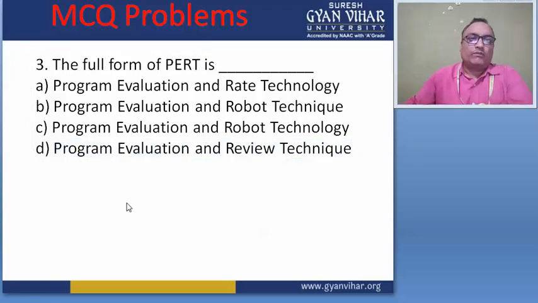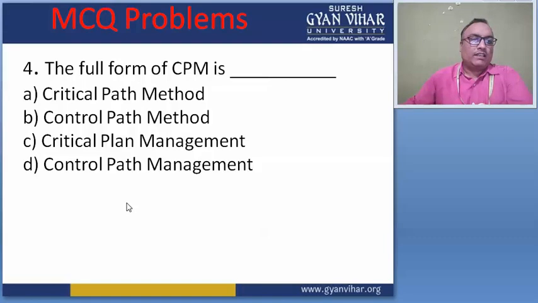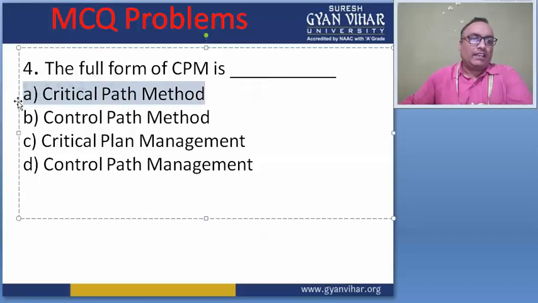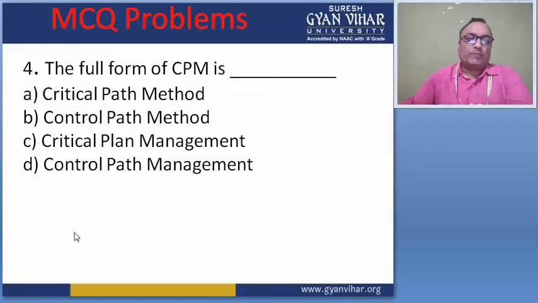Then move to the fourth question. In this fourth question, the full form of CPM is: critical path method, control path method, critical plan management, or control path management. This is a very easy question for you, and the answer is A, critical path method. Then move to the next question.